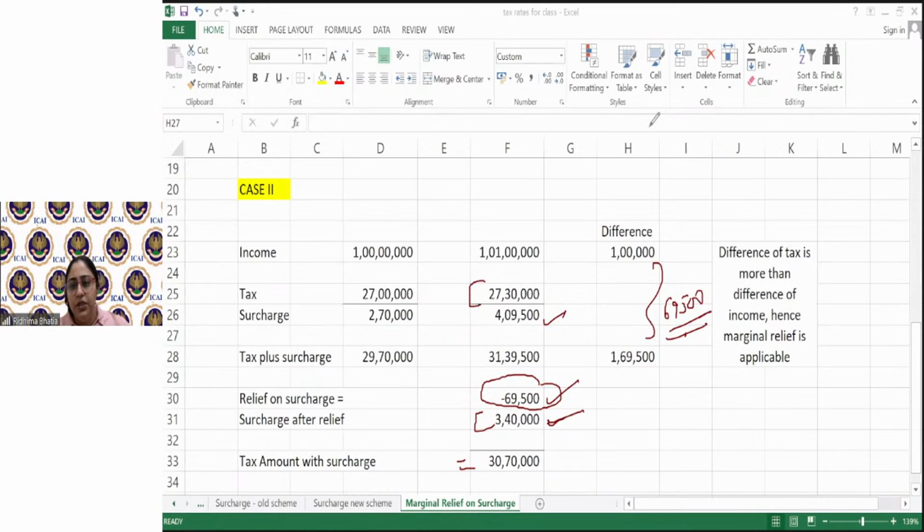So now illustration 8 पे किसी ने मेरे से पूछा है, ma'am, why there is no marginal relief? Let me open illustration 8 once.